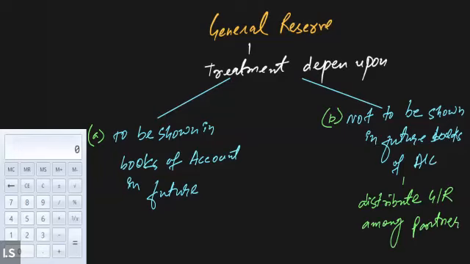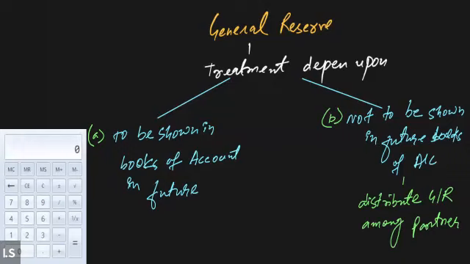So why should we distribute it among the partners? Because general reserve is a part of profit which is kept in the business as a reserve. Partners in the previous years agreed not to distribute it among themselves.